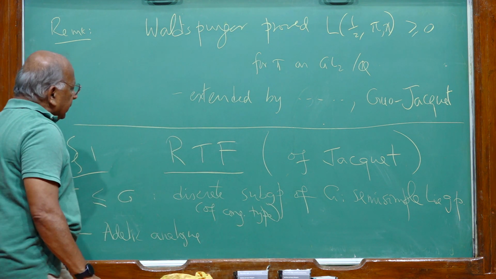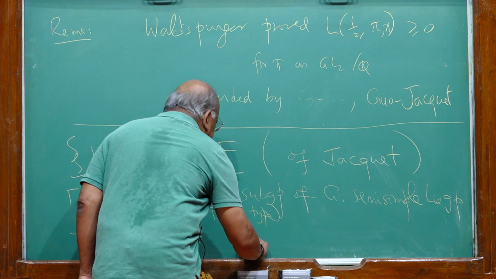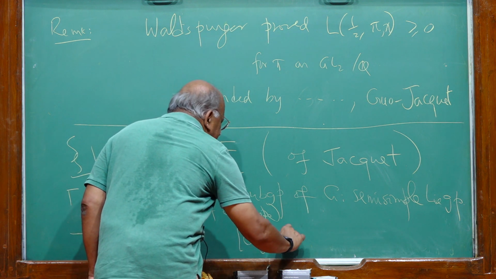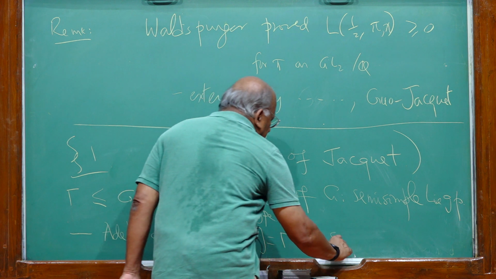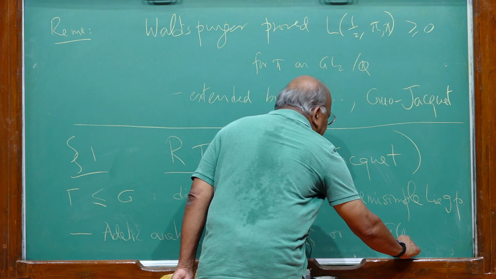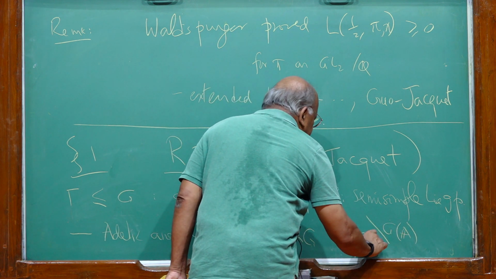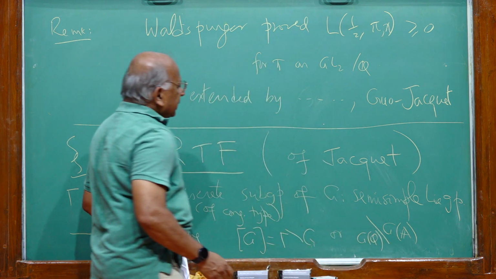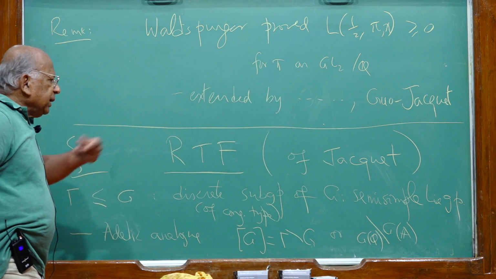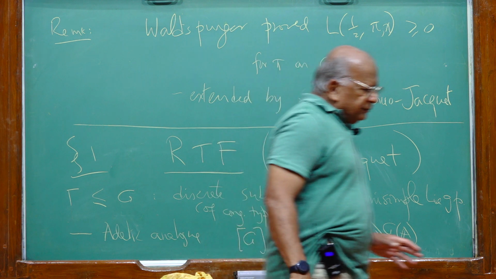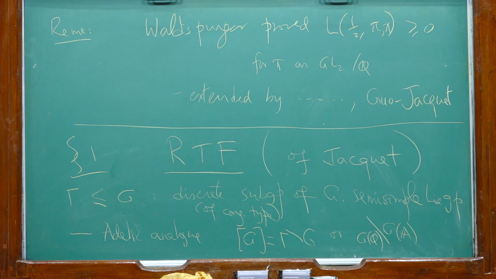So when I write G like this, I mean either G mod gamma or the adelic version, G(A) mod G(Q), where G is a semi-simple group. I will restrict myself to things that come up in the adjoint group, G modulo center. You can do more generally, but I won't.